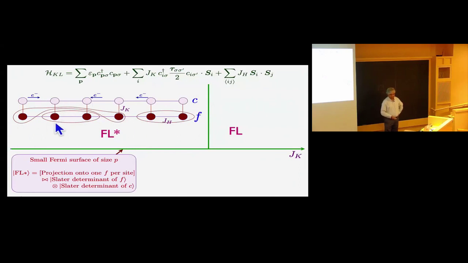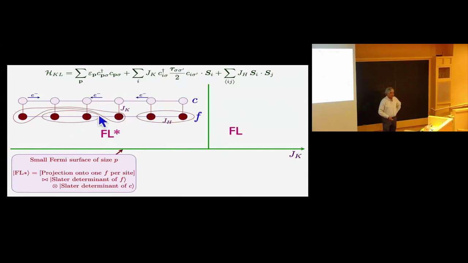This is some resonating valence bonds here, and it's stable to small JK. So this is the almost trivial way of describing what you call FL star. I mean, the only content in it is that it's stable for small JK.